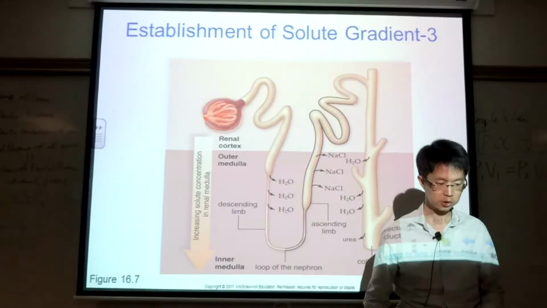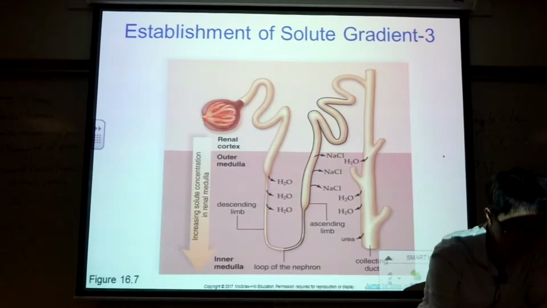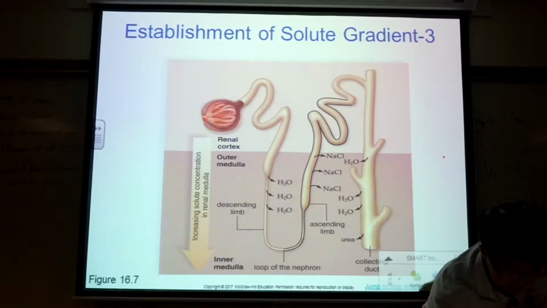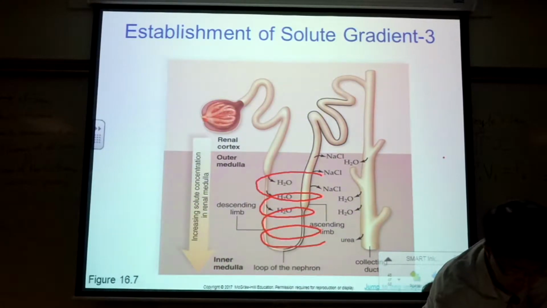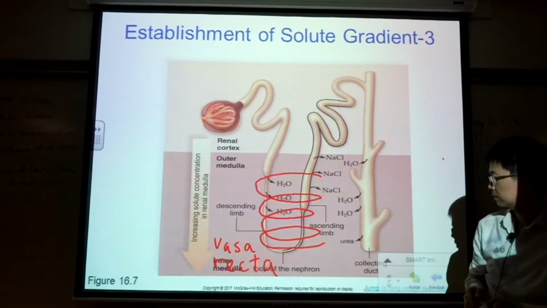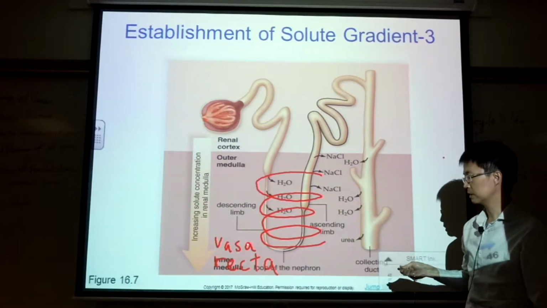I forgot to mention, the blood vessels around this area, we call this vasa recta. Recta means straight, vasa like the blood vessel.